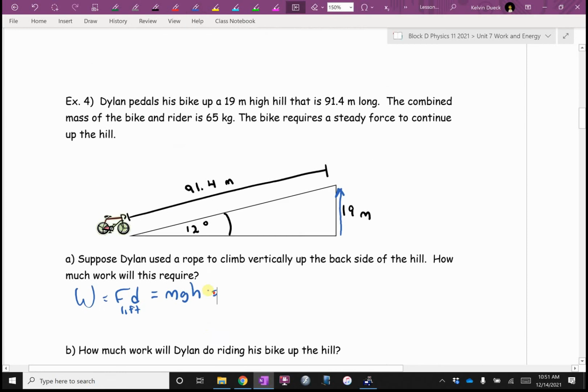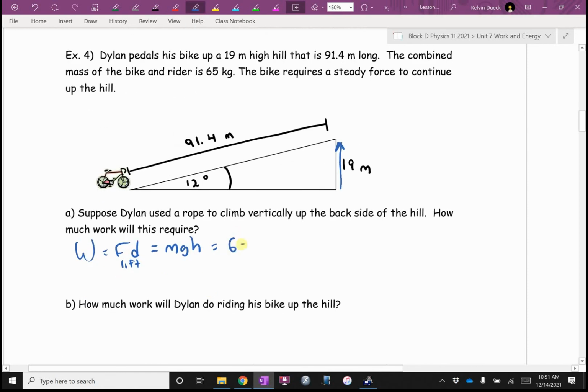M, was it 65? G, 9.8. H, 19. If we wanted to climb the back of the hill, or maybe there was a stairwell that allowed me to just put the bike on my shoulder and climb straight up, how much work?